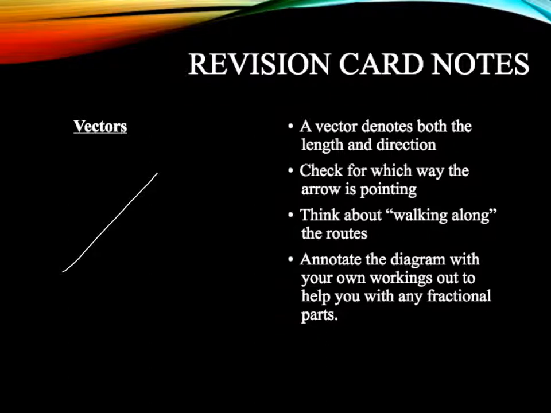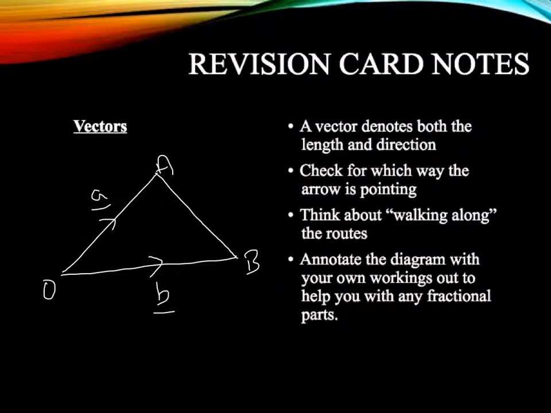And if you want to draw yourself a picture, a really good picture to draw would be one with a triangle, where you've got something like O, A, B, and O to A, we might say, is the vector A, O to B is the vector B, which means to get from A to B, we can call that B minus A. Okay, and we've seen that twice in the video so far.